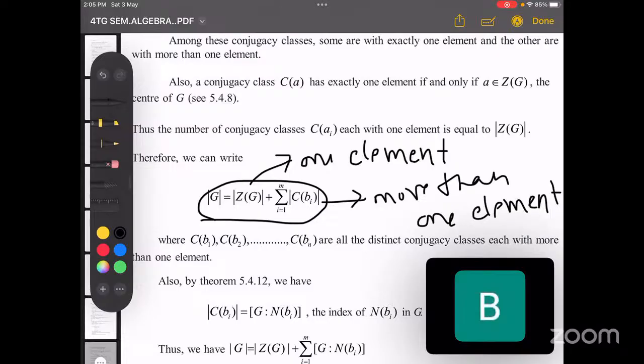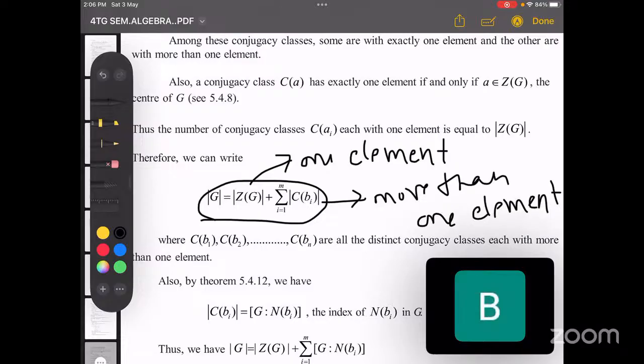Also by the theorem 5.4.12. What is the theorem? On page number 96 we have the normalizer definition, and on that we have the theorem.